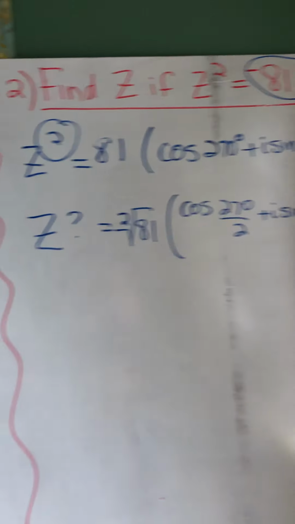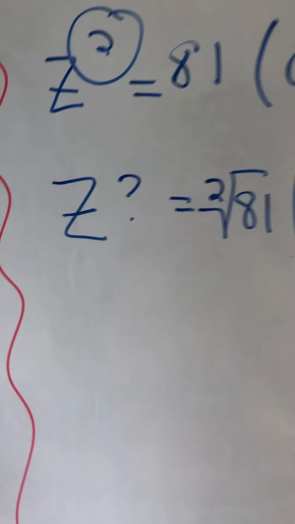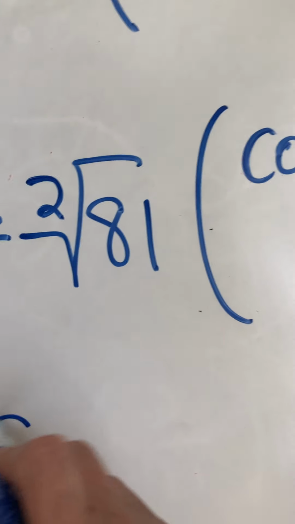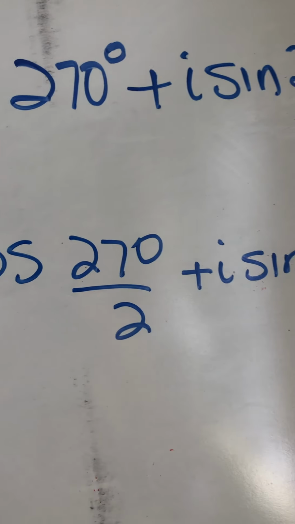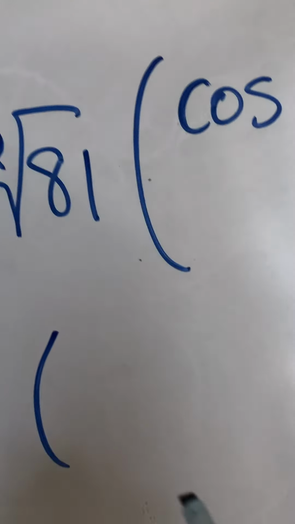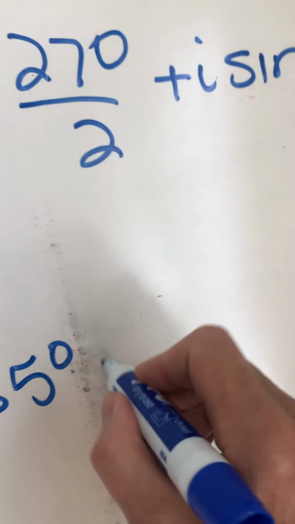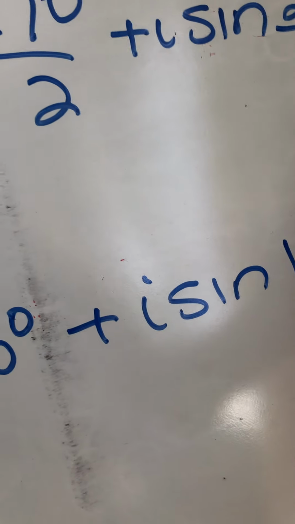We now have z equals the square root of 81, which is 9. That's easy. And 270 divided by 2 is 135. Cosine of 135 degrees plus I sine of 135 degrees.